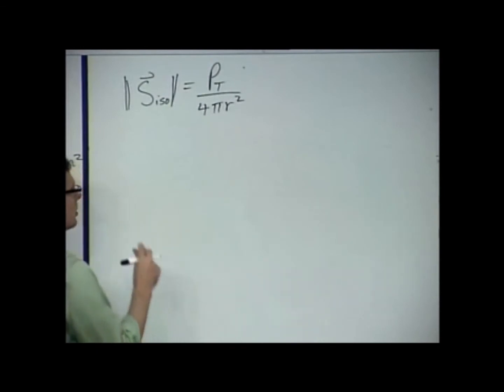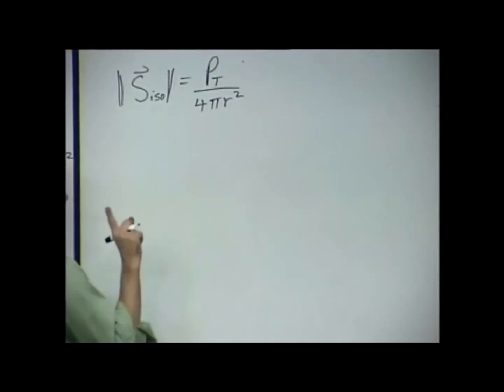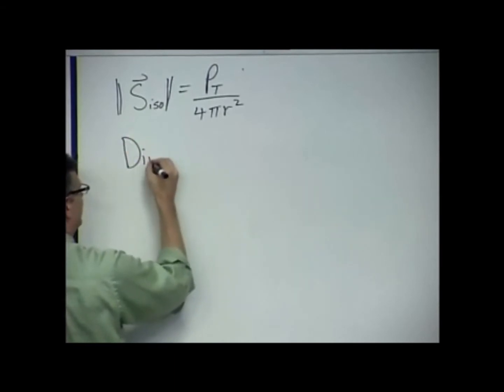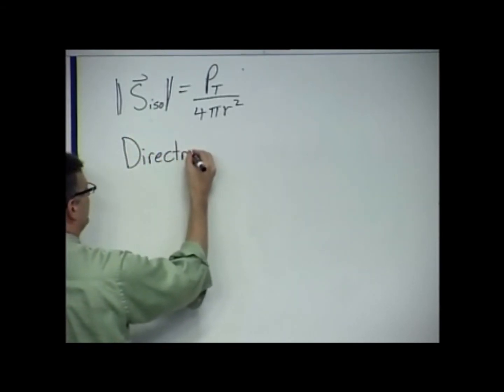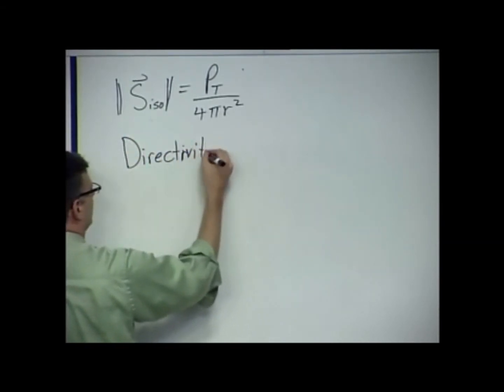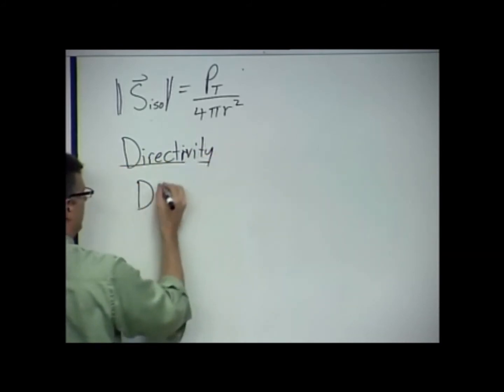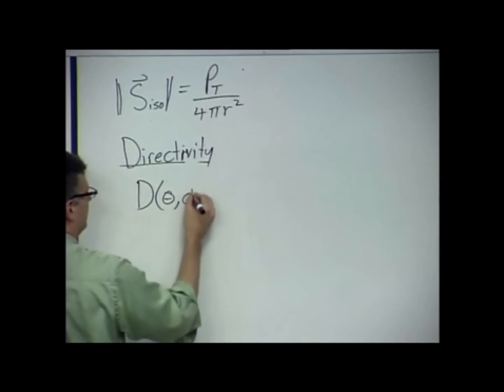And so we're going to define a term. It's not going to be gain yet. I'll explain the difference in a second. But in antenna engineering, there's a term called directivity, which is the precursor for defining gain. It's a function of theta and phi.